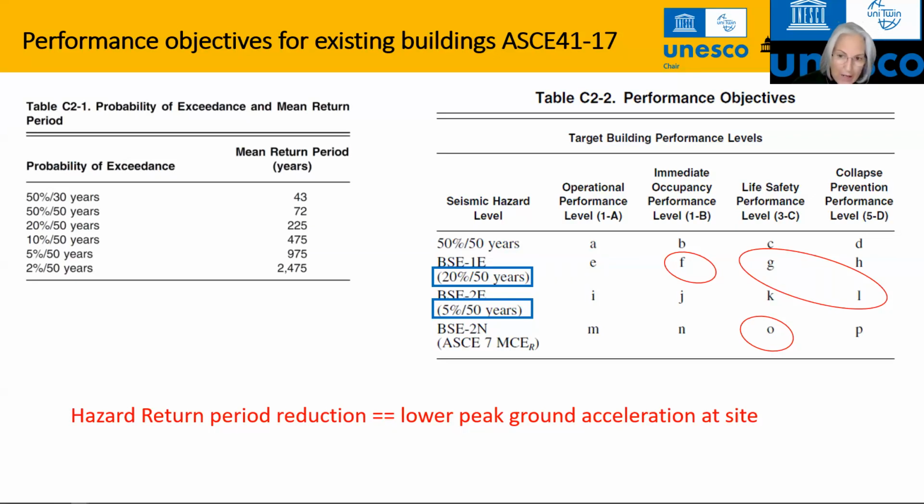And why we are doing this is because there are many reasons, mainly economical. Another reason is that otherwise, with a new generation of codes, buildings would immediately become superseded if they were expected to meet the same performance objective, for instance, for a higher level of hazards.